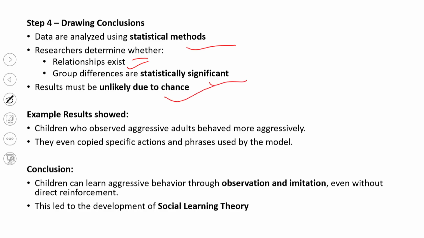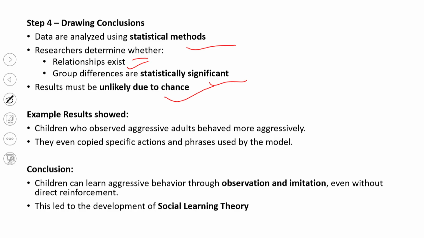The result must be unlikely due to chance. The result should not be a difference that may exist just because of a chance factor. You should rule out chance, and only then can you make a conclusion. So, statistics are used to decide whether it is a real difference or just happened by chance.